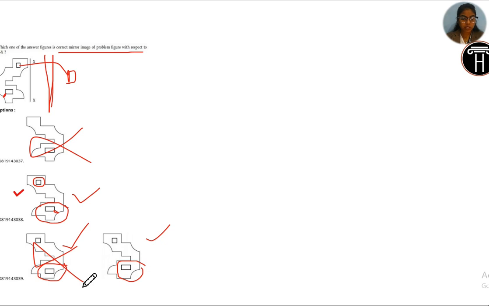Now we are left with options B and D. So in B and D, now you have to find out the difference. What's the difference between B and D? B and D have a basic difference of this distance only. So that's why option B is your correct answer and D is eliminated.